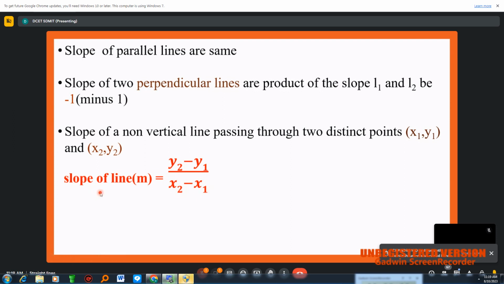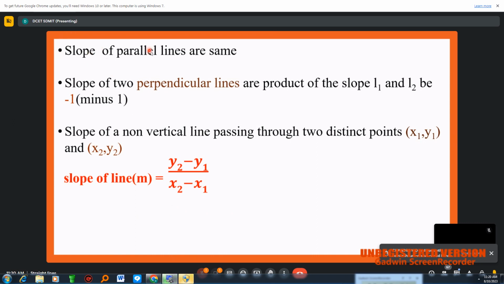So now from the last note we conclude that slope will be positive if the angle is an acute angle. Slope is negative if the angle is an obtuse angle, slope is 0 if the angle is 0, and the slope is infinity if theta is 90 degree.